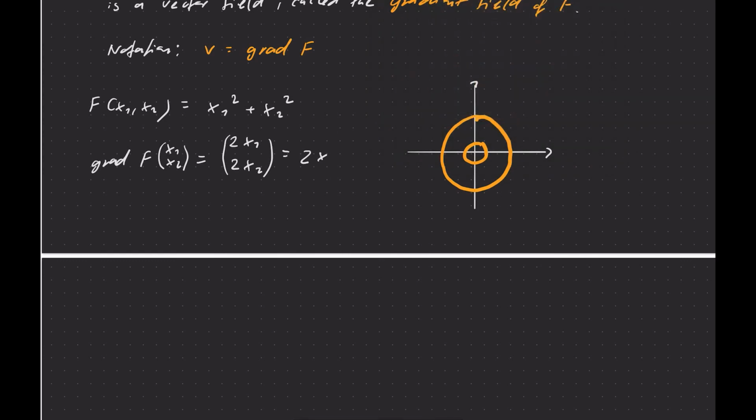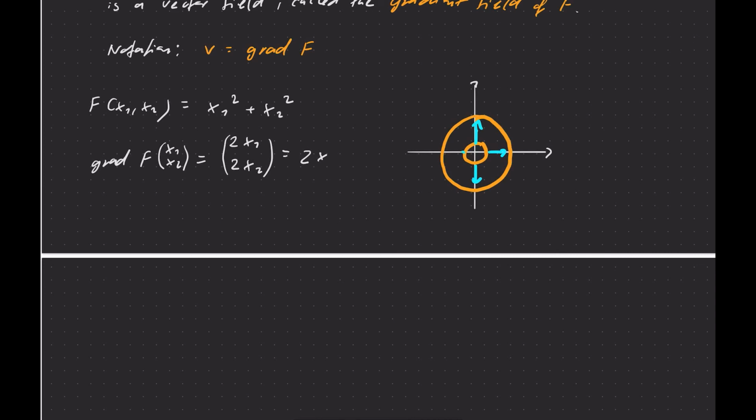And then you remember the gradients of a function always point in the direction of steepest ascent locally. And that means they are perpendicular locally to the level sets. So what we get here as gradients are vectors like this here.